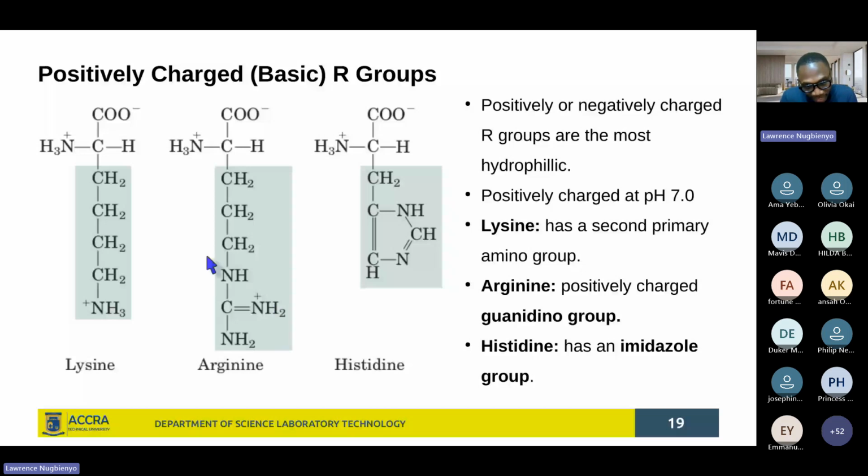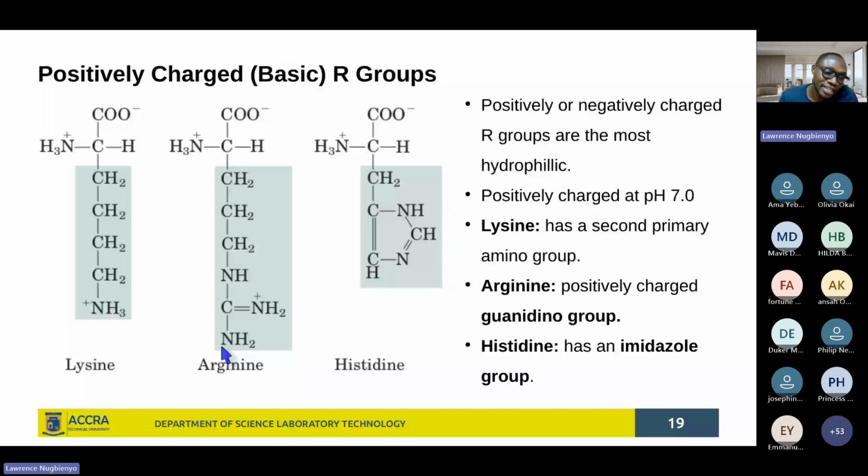The group that is NH bonded to carbon, bonded to NH2, and then on the carbon, there is a double bond NH. That group is what we refer to as the guanidino group. After this, you can look at the structure of guanidine.